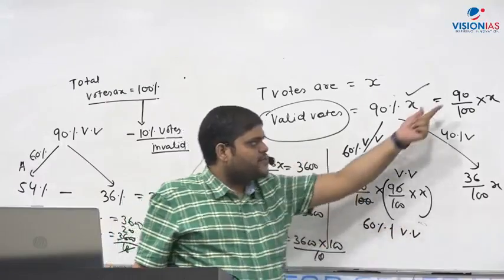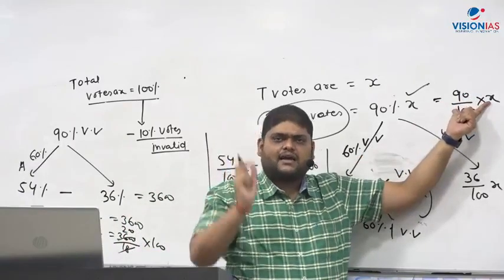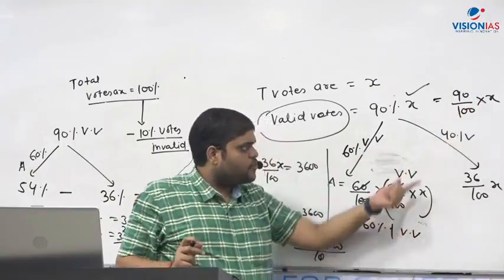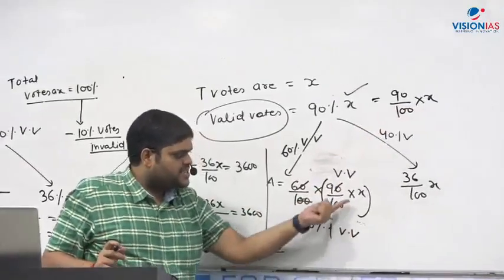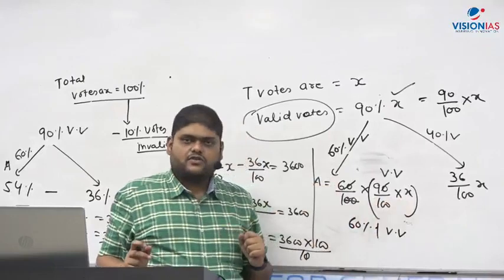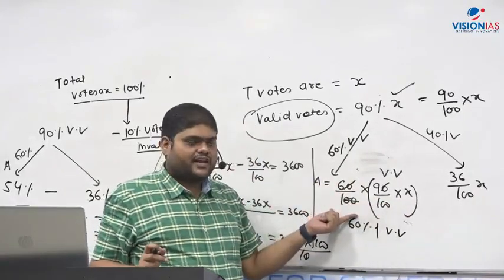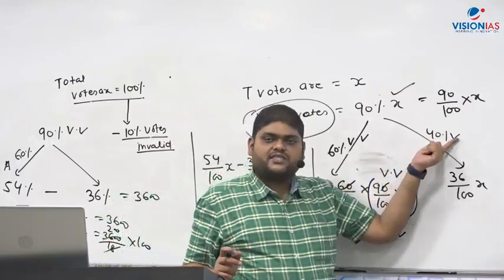And don't get confused by 90. This is a value; it can be anything. Now the total valid vote is this much. I have just put it here and this becomes the 60% of valid vote. And now if this is the 60% of valid vote, B got 40% of valid vote.